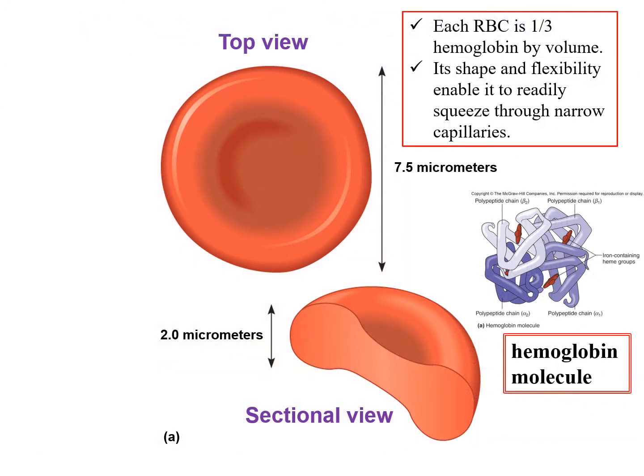Inside your red blood cells, again, no nucleus, but a lot of a particular protein called hemoglobin. About 1/3 of the volume inside each red cell is made up of hemoglobin. Note also its flexibility, as it is noted here in the slide, because when these cells move through capillary beds, if you recall from the respiratory system, they do so in single file, and they literally do squeeze through those small little capillaries.